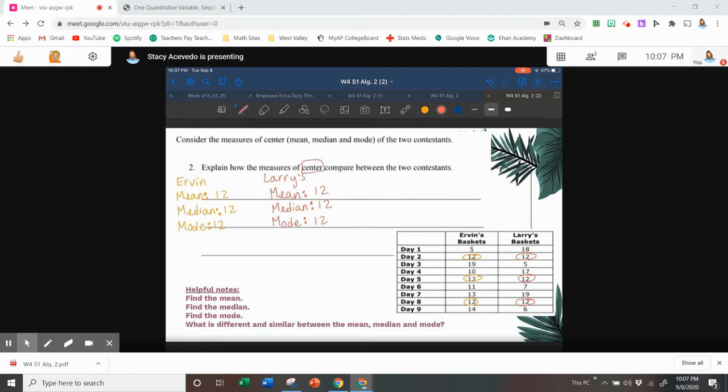Well, the mean, median, and mode, all measures of center, are the same.